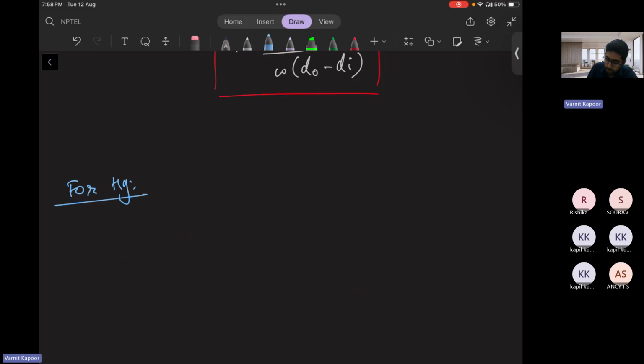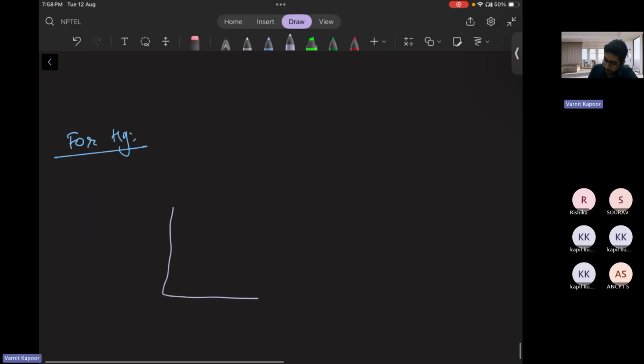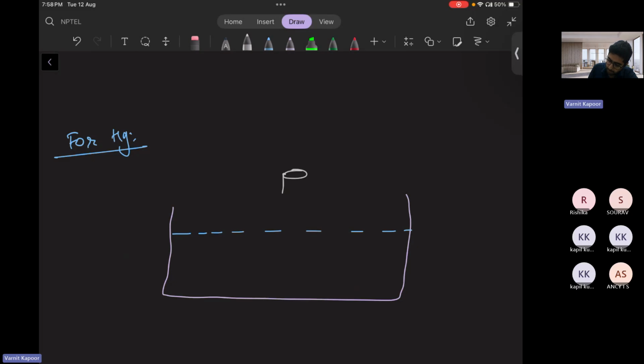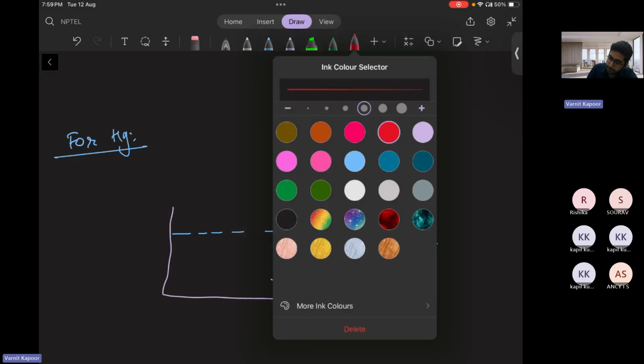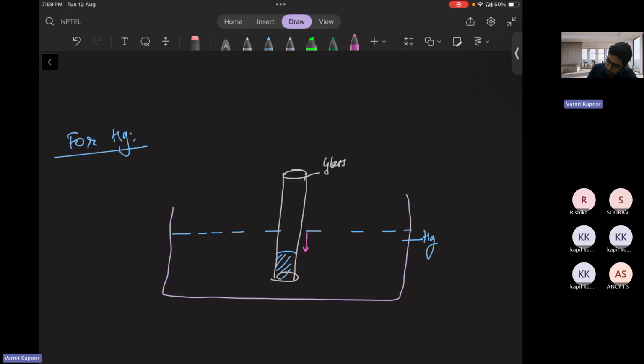For Hg, if you have a beaker like this filled with mercury, and your tube is like this, there won't be rise, there will be fall. So the liquid is still here. This is Hg, and this is glass. And the liquid has dropped by a height of h.